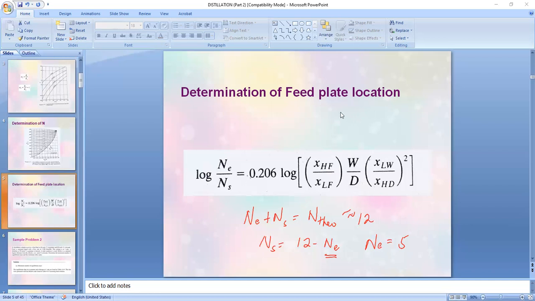It was also discussed in the first half of this module. If you have 5 for the enriching section number of stages, then where is the feed plate located? Or at what stage will you introduce the feed in your column?